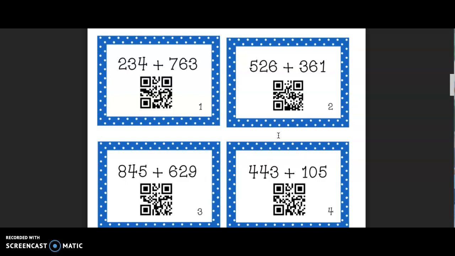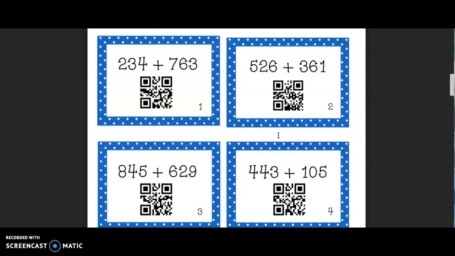So go ahead next to 234 and put your 3 lines with the plus signs in between them. And then next to 763, go ahead and put your 3 lines with a plus sign in between that as well. Draw your equal sign.